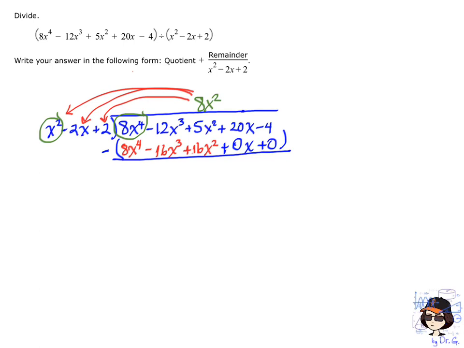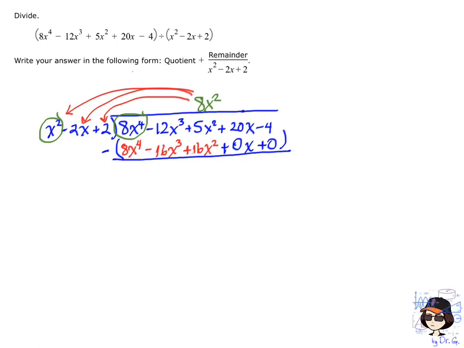We're subtracting a polynomial from another polynomial, and we do it term by term. So the first term's 8x to the fourth minus 8x to the fourth. That's just 0x to the fourth, but this time I'm not going to write that because I don't need that placeholder. The second terms, I have negative 12x to the third minus negative 16x to the third.